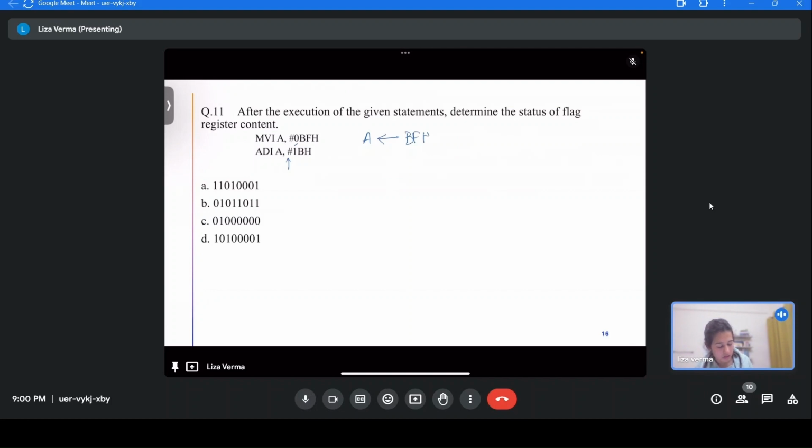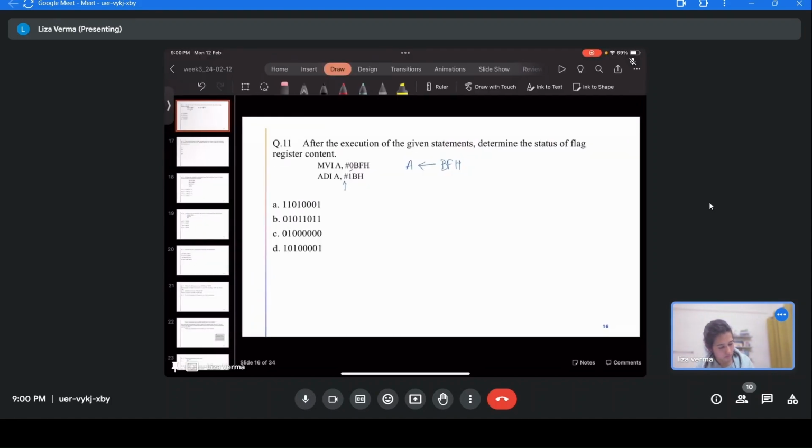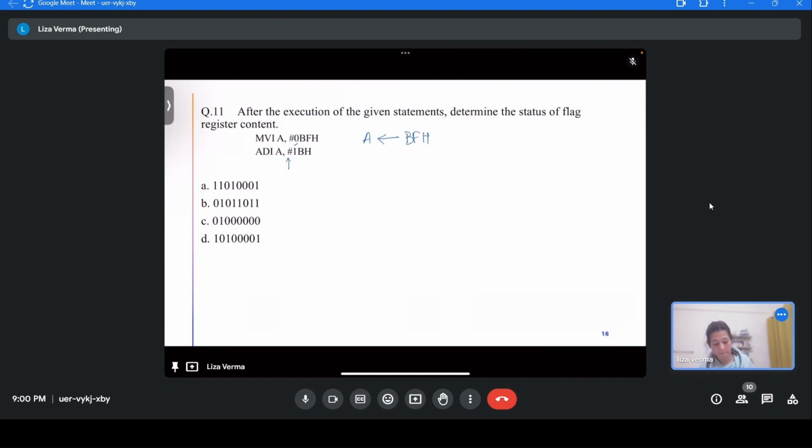ADI 1BH means A will get A plus 1BH, so this addition has to take place. BF is 1011 1111 and 1B is 0001 1011.